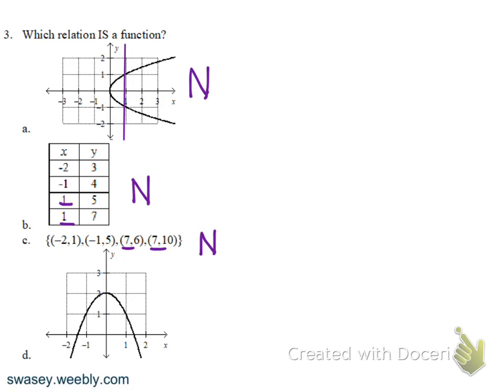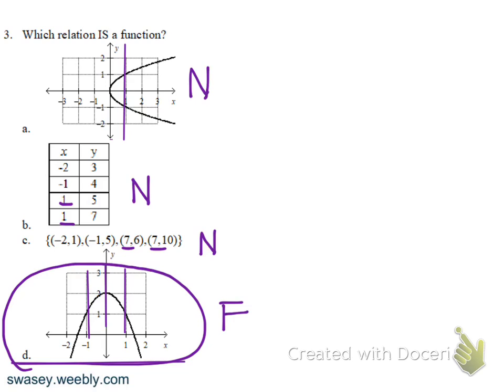But then when we look at this one, any single vertical line will only hit it in at most one place, so that is a function. So choice D is a function. That's the one we're looking for. It passes the vertical line test.